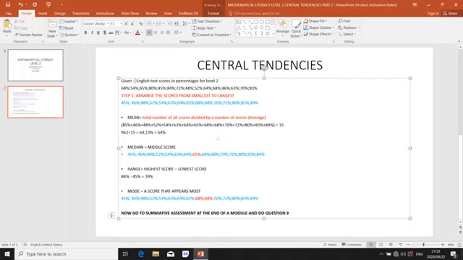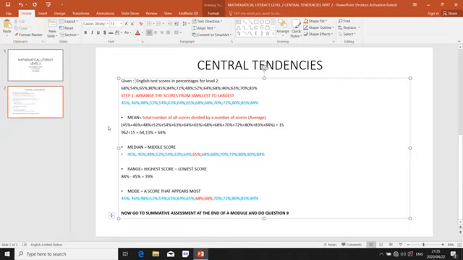Now I'm going to add. Let's add all these numbers together. Take your calculator. 45 plus 46 plus 48 plus 52 plus 54 plus 63 plus 64 plus 65 plus 68 plus 68 plus 70 plus 72 plus 80 plus 83 plus 84, divided by 15.